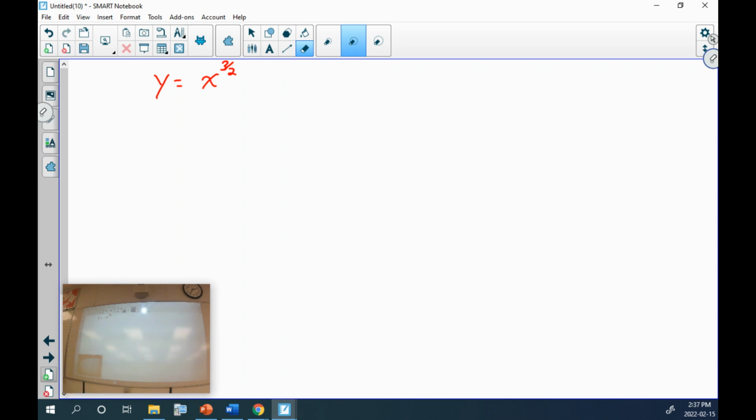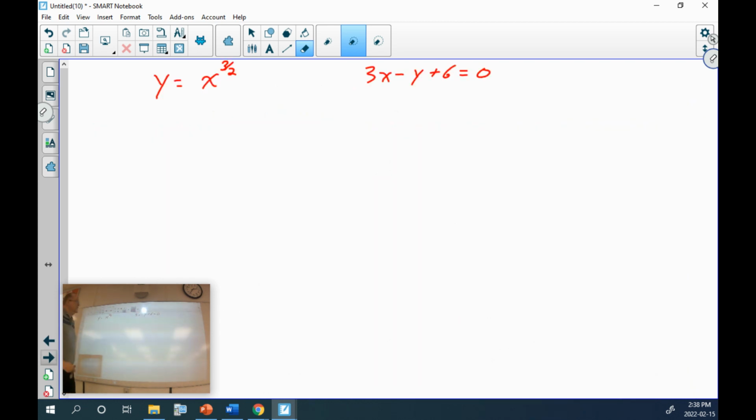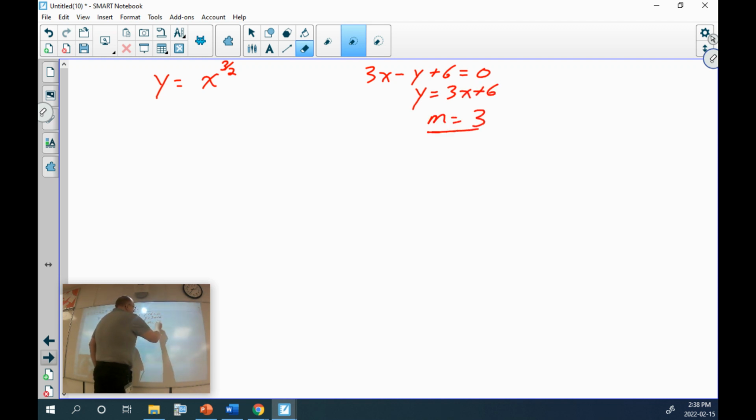I automatically get rid of square root signs. And then we had 3x minus y plus 6, I think. So I'll tidy this one up to y equals 3x plus 6. What's the slope? The slope of this line is 3.